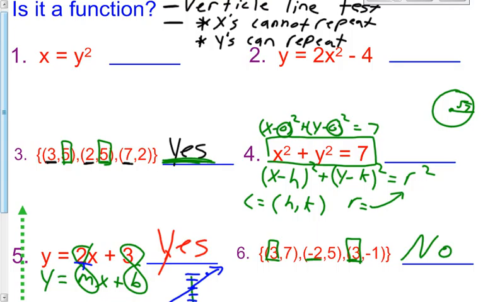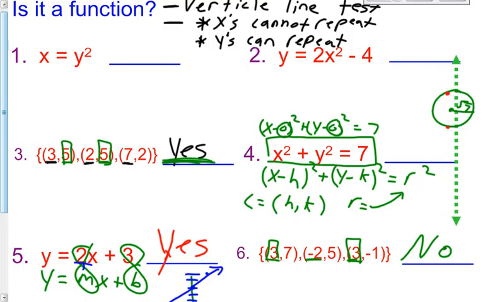So if we look at this, does this one pass the vertical line test? Instinctively, hopefully you know the answer right away without even using this line. It can only touch our graph once and only once. How many times does it touch right here? It touches once there and once there. So this one, a circle, is not a function.